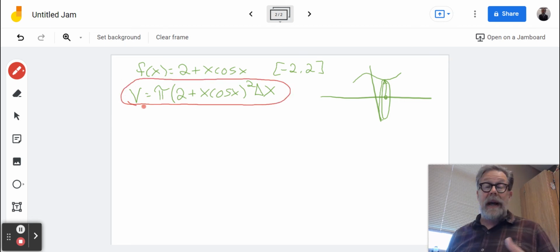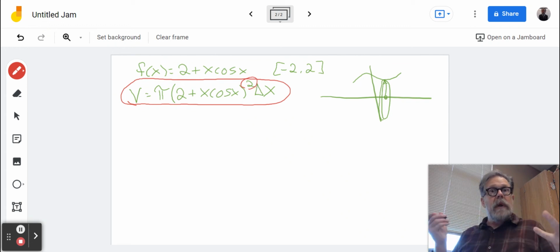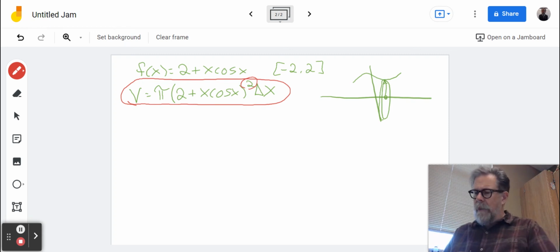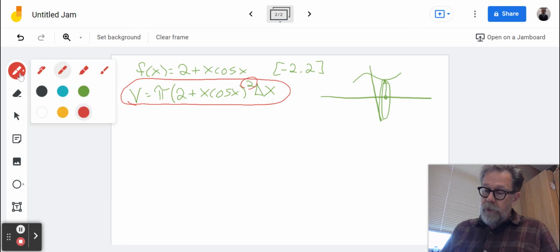And the big mistake I see is people are so used to calculating area, which is just integrating f of x, that they forget that we're dealing with volume here, and they leave off the squared. And they remember, oh, well, there was a pi in there, so then you get pi f of x dx, which of course is not in fact the volume. It's just the area multiplied by pi, which doesn't help us at all.